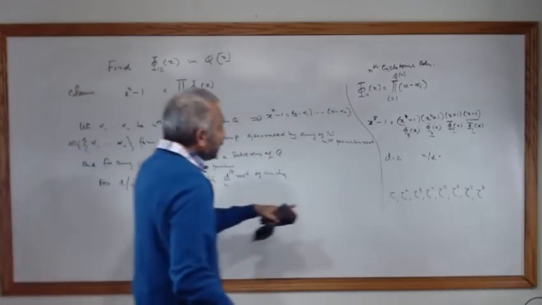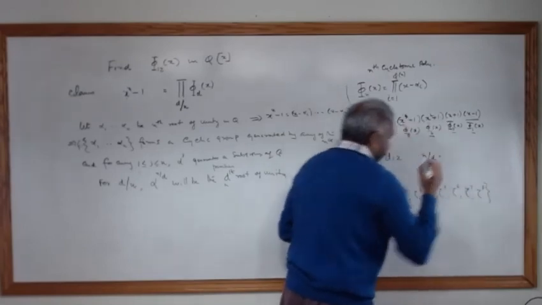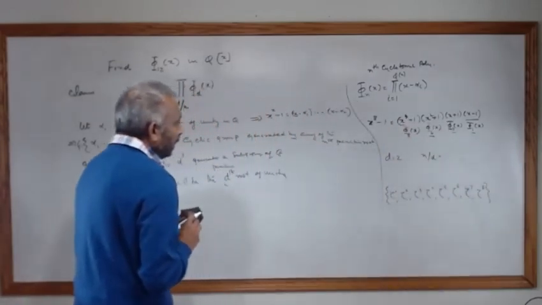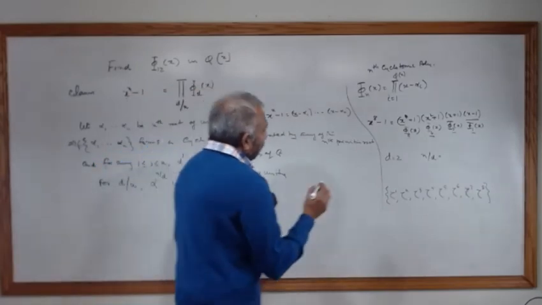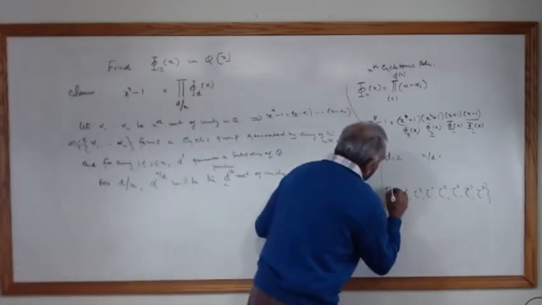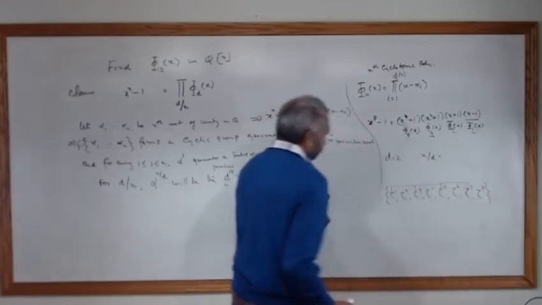These form a cyclic group. So these are the primitive roots.